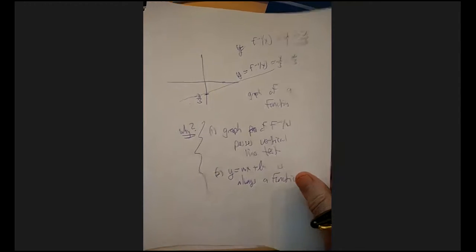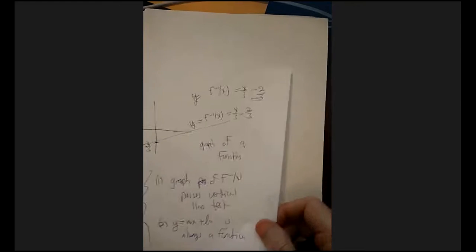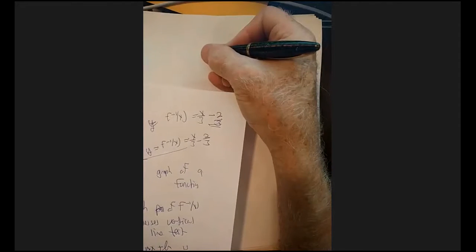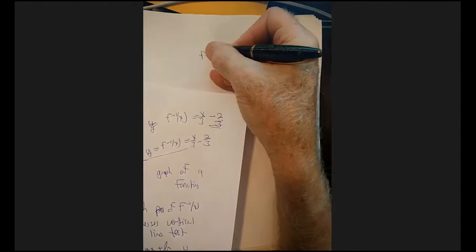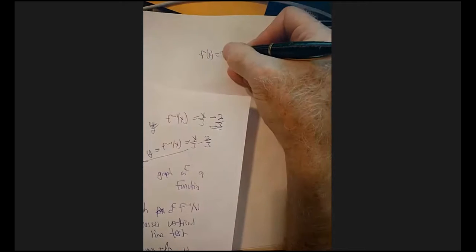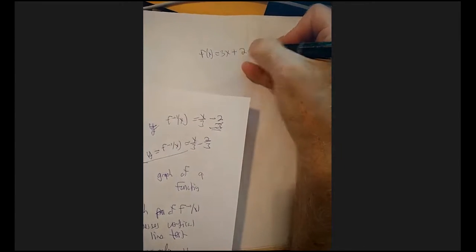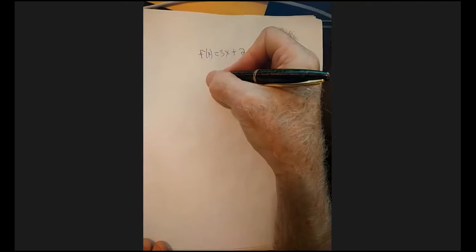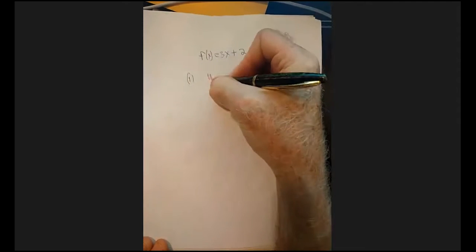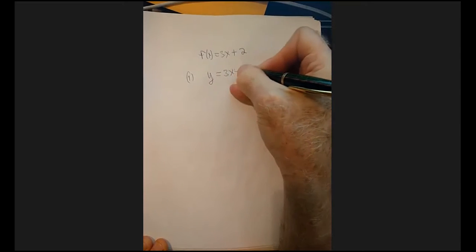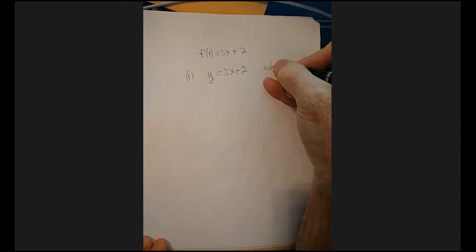And I wanted to do one more technique. I'm going to use the same example. So we're starting off with f of x equals 3x plus 2. This is a way to do this algebraically. You can always do this the way we just did it. But another way to do this that I mentioned in the videos, you set y equal to 3x plus 2, and you solve for x.